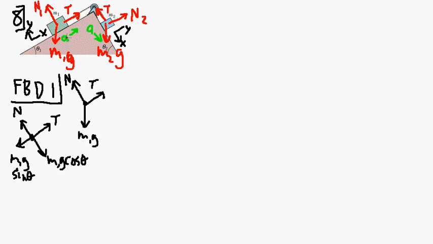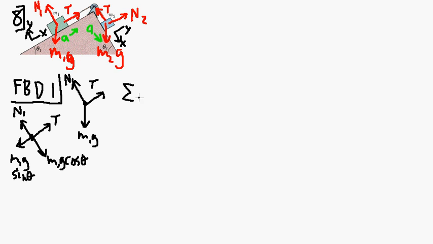So in the y direction it doesn't accelerate. We could do a force balance there and find the normal force N1, but it looks like we probably don't need it. So let's just stick with X for this one.